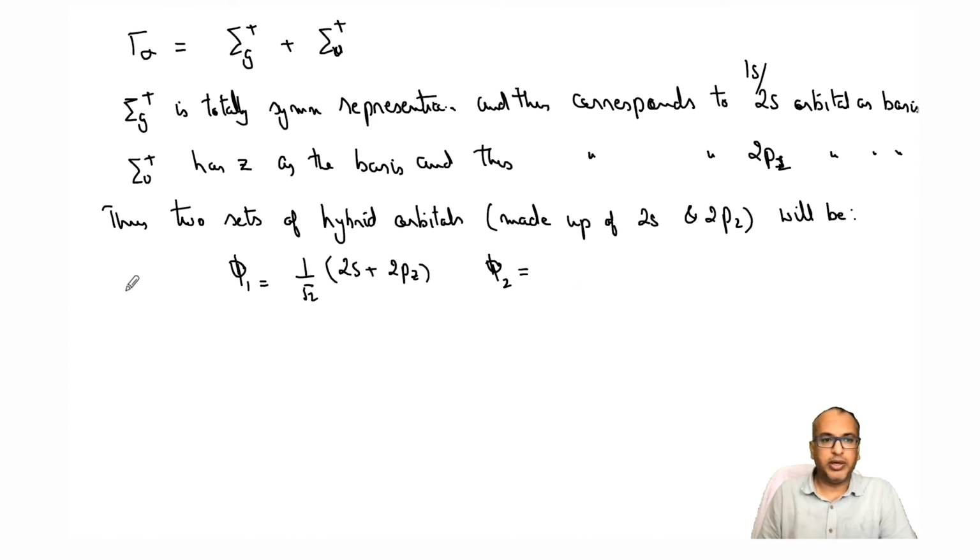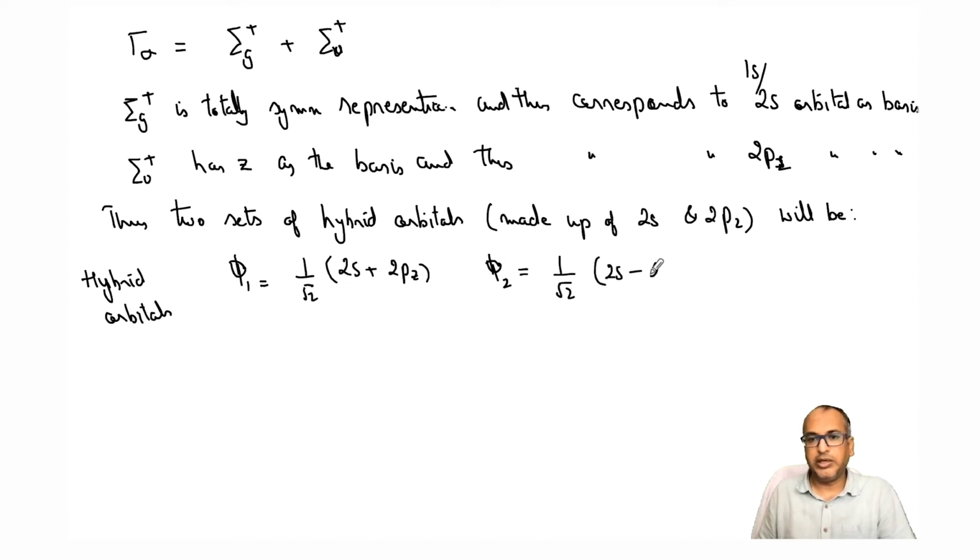These are only hybrid orbitals. The other combination will be the subtraction, 2s minus 2pz. So these will be your hybrid orbitals.